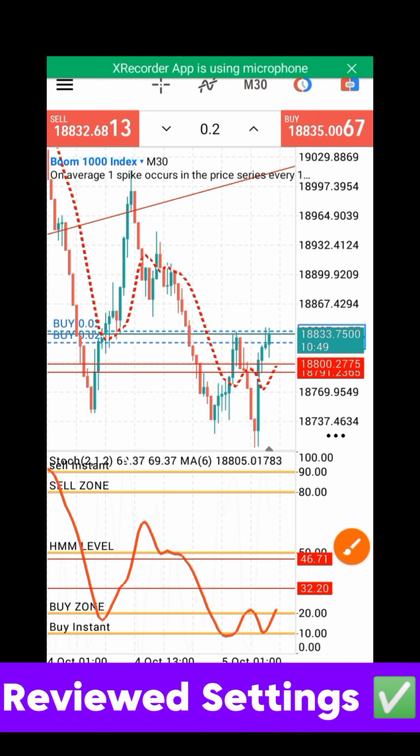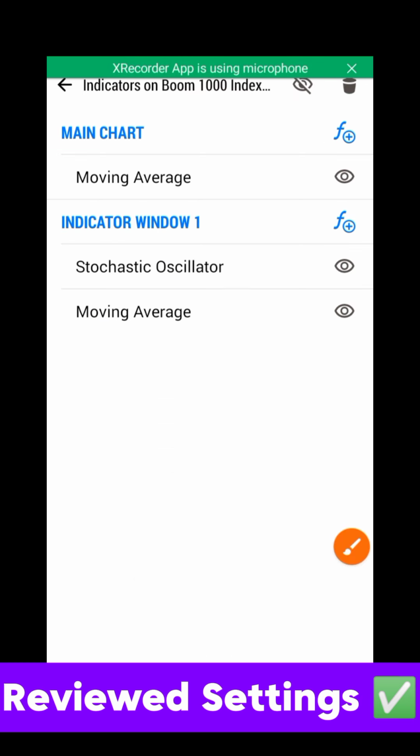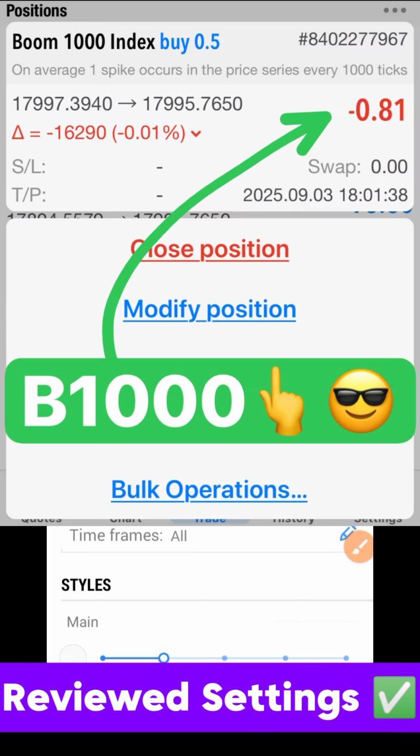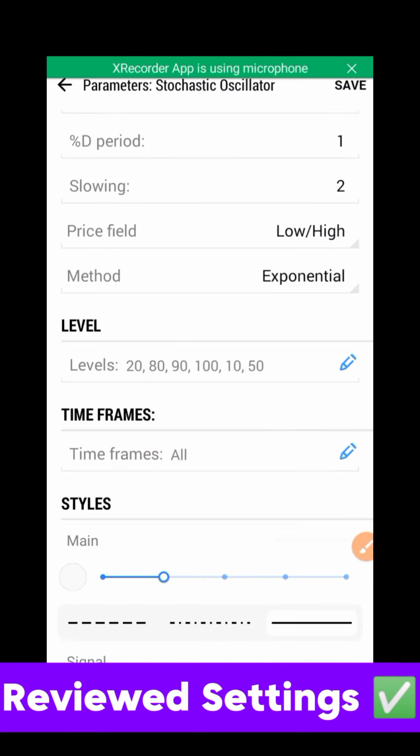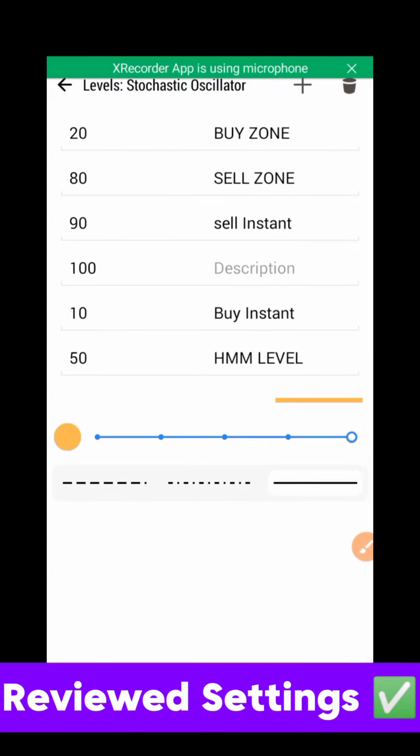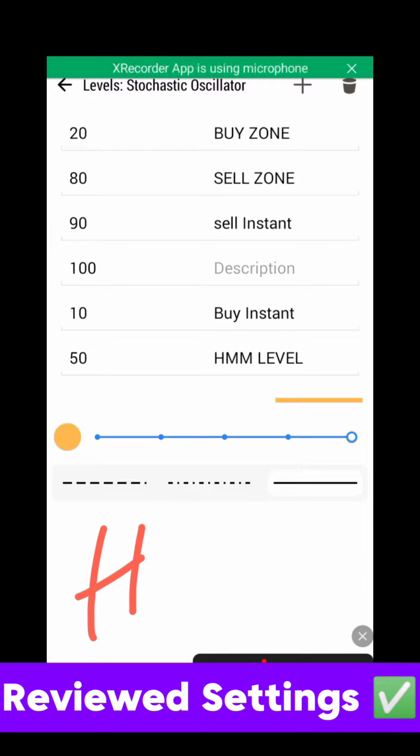And on the window indicator 1, we have the stochastic with K period 2, D period 1, slowing 1, price field low/high, method exponential. Price levels will have 20 buy zone, 80 sell zone, 90 sell instant, 10 buy instant, 50 home level, which I always repeat to you. Home level is a special level where all the scalp traders take profit.